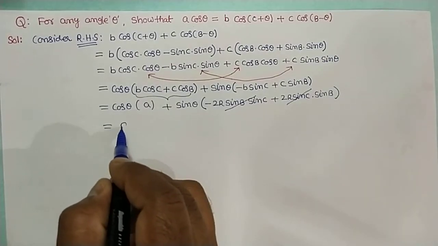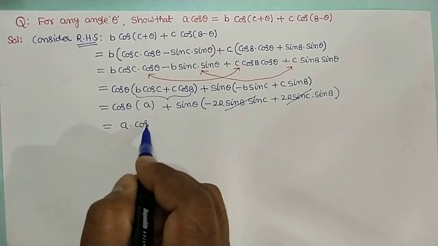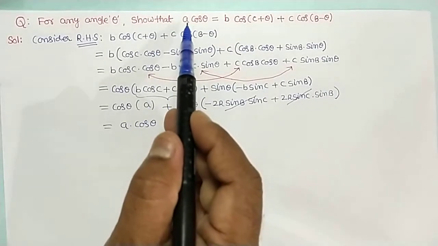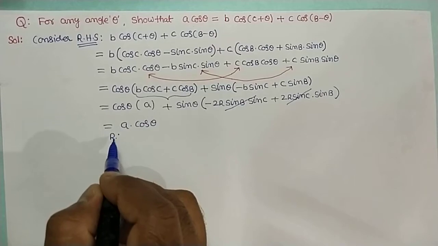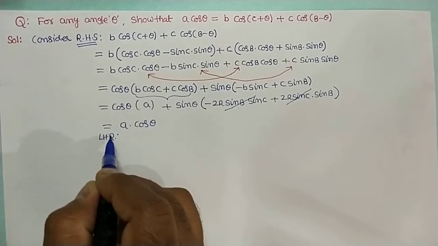So we will get a into cos theta, which is the required LHS only, no? So hence proved the LHS.